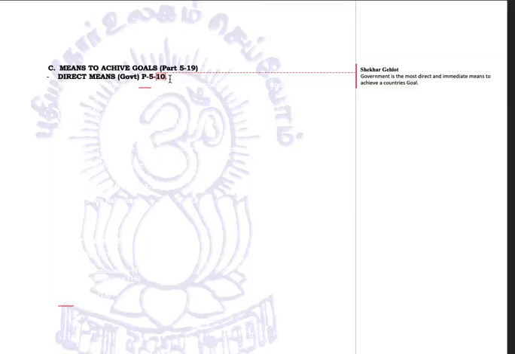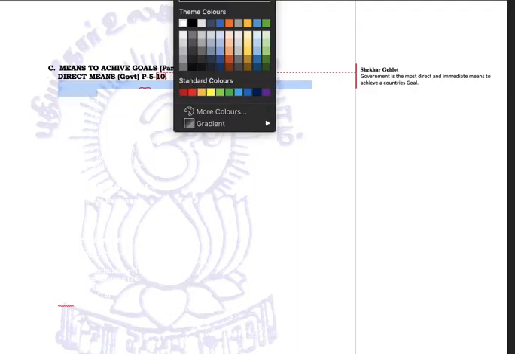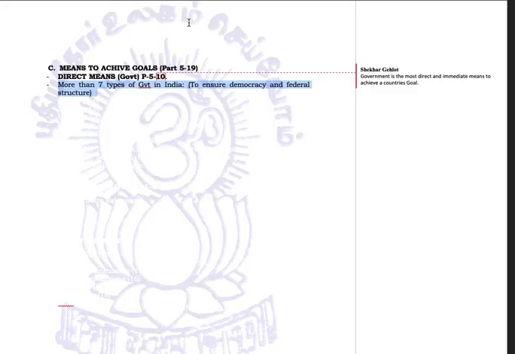So how many types of government do we have in India? We have more than 7 types of government in India. You must have heard only about 2 types of government, union and the state, but I tell you we have more.